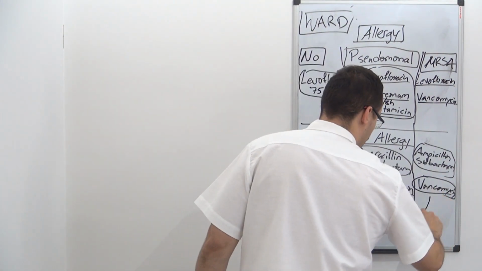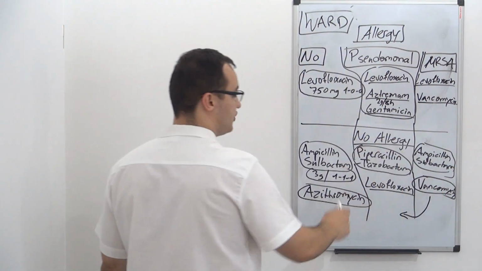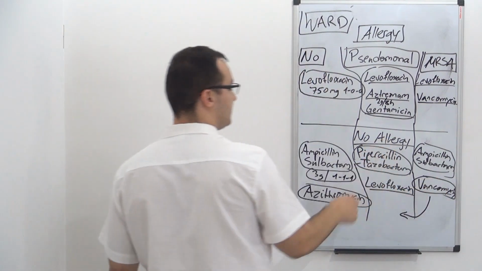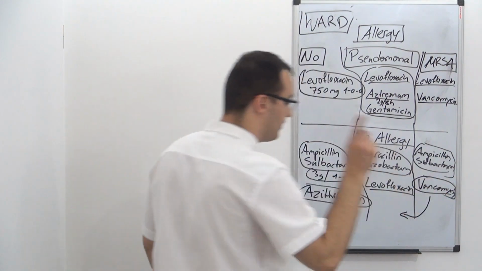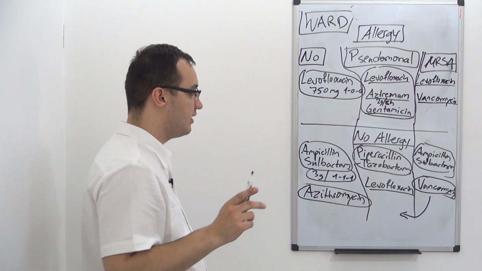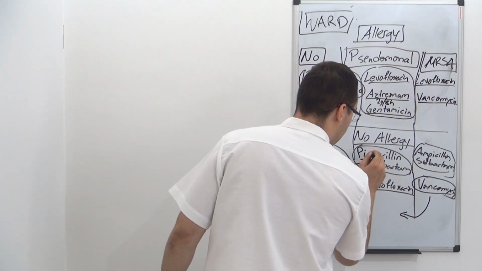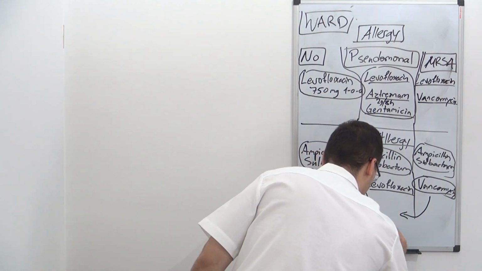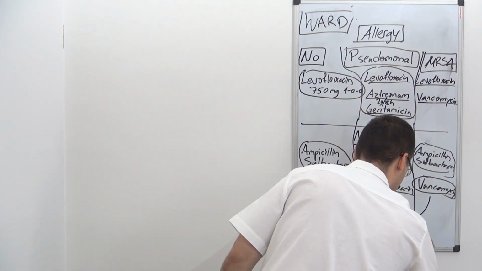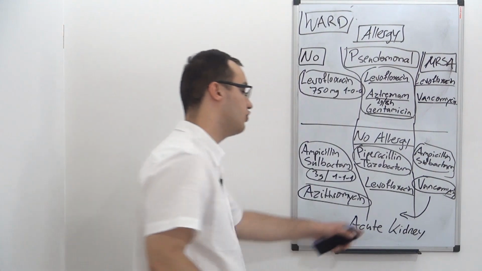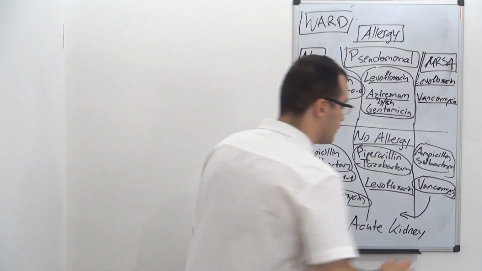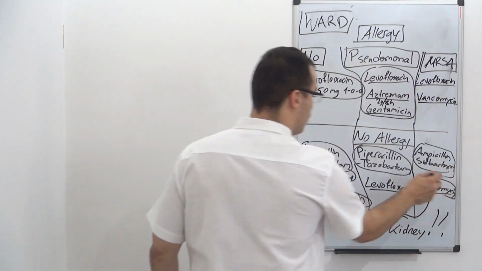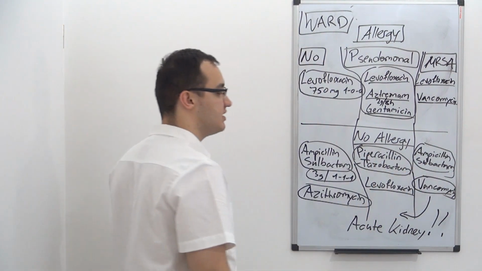So please put, for the combination of these two, the vancomycin here, and then we have piperacillin tazobactam, levofloxacin, and vancomycin. But please note that we are not allowed to combine piperacillin tazobactam with vancomycin, because that can cause acute kidney injury. So it's very dangerous. Don't combine vancomycin with piperacillin tazobactam.